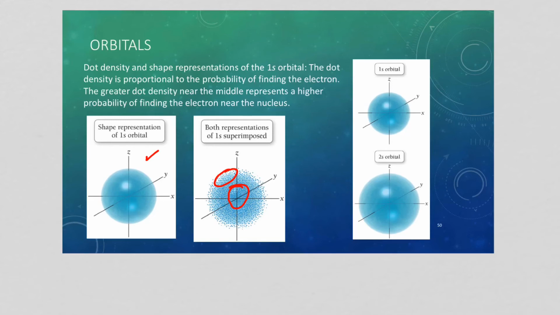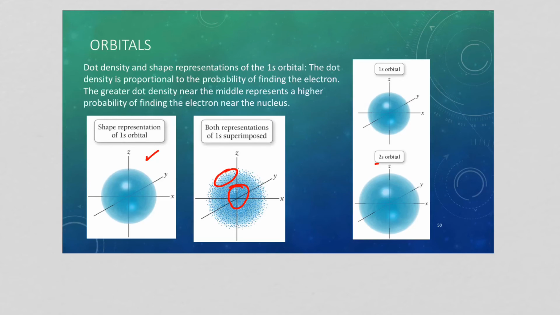Now, as we go further away, so to a 2, let's say, so we go from the first shell to the second shell, there is another s orbital, right? So every shell, every level has an s orbital, and they're all spherical shaped. So what's the difference? Well, essentially the difference is the size.